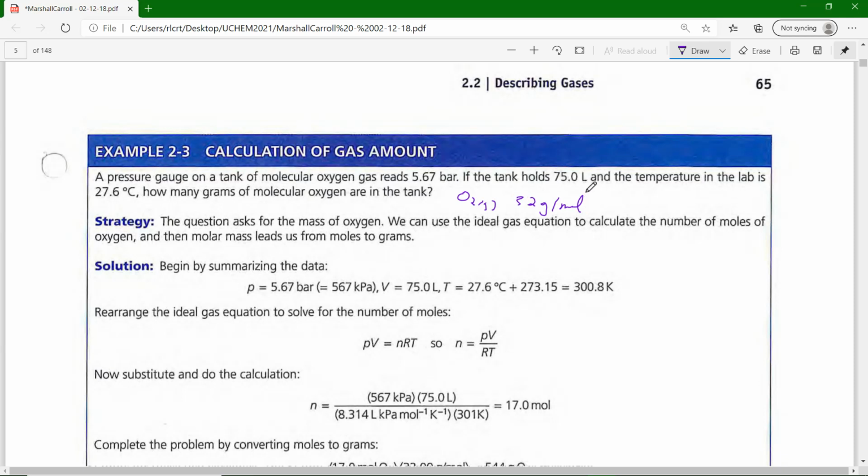Volume, 75 liters. Temperature, 27.6. I'm going to have to add, oh, they do decide to add 273.15. Fine. 300.8 Kelvin. How many grams of molecular oxygen are in the tank? So first I'll get the moles, and then I'll multiply by my molar mass to get the grams. So the moles n is PV over RT.